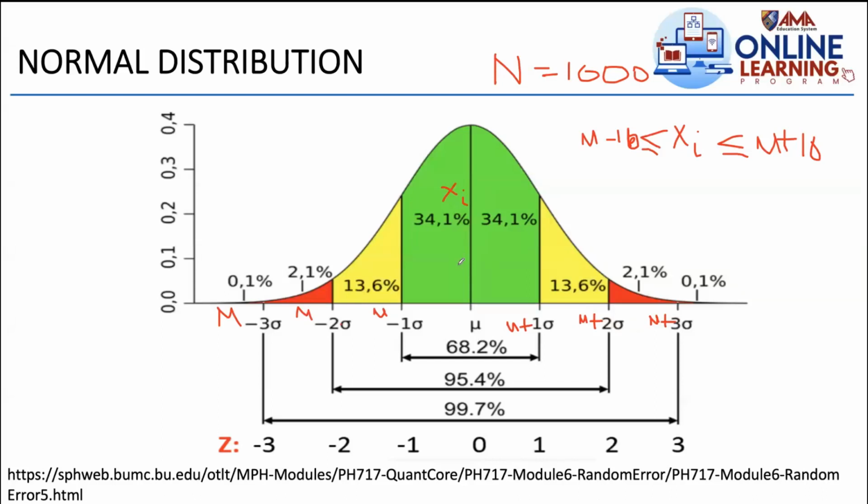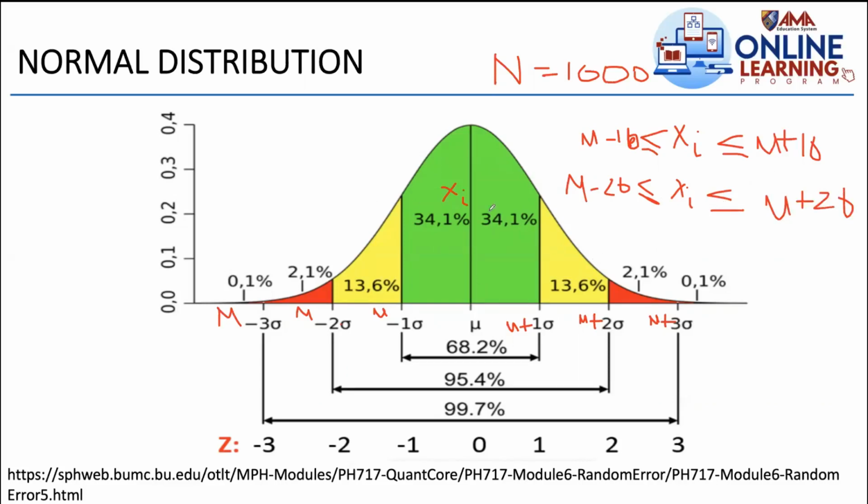So now I think you know what will happen if we talk about 95%. We're talking of the green and the yellow. So if your x sub i is greater than or equal to mu minus 2 standard deviations, but less than or equal to mu plus 2 standard deviations, meaning you can find x sub i either in the green or in the yellow.